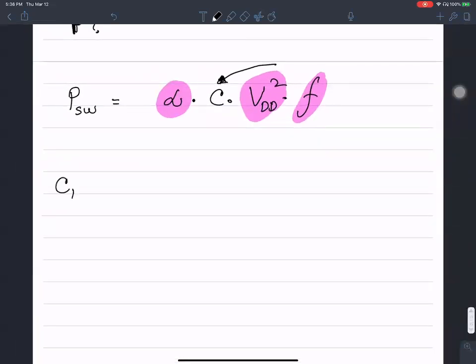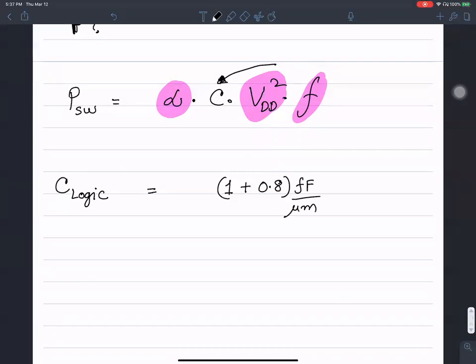Let's calculate the C of the logic components. For the logic components, what is given is the capacitance of the gate and the capacitance of the diffusion regions as a unit of width, femtofarad per micrometer.